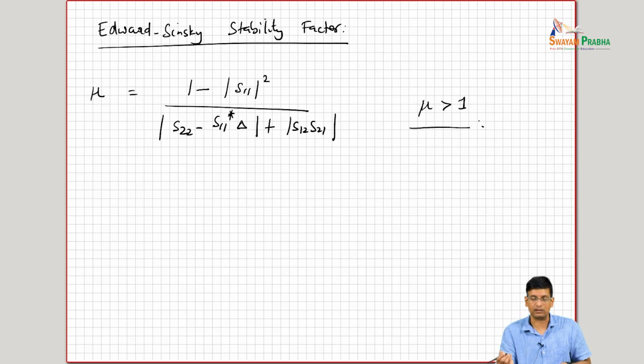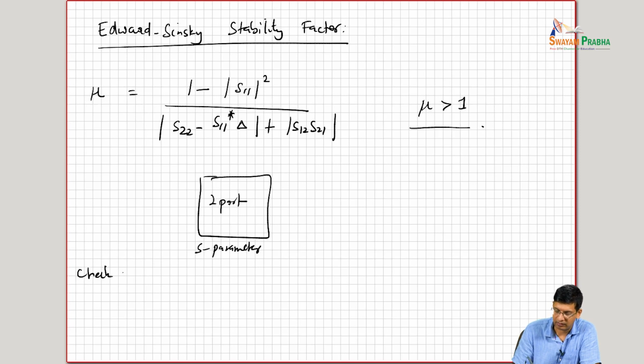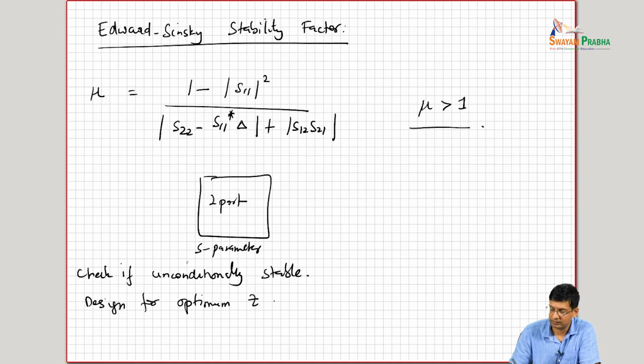Effectively, from a design perspective, I take the S parameter model of my two-port transistor, then I can first check if it's unconditionally stable, and then design for optimum ZS and ZL, or actually design by using matching networks.